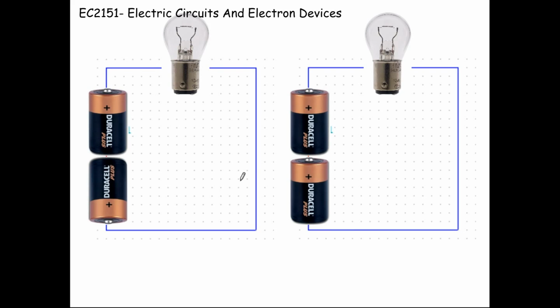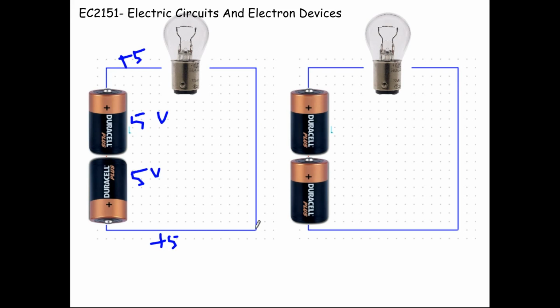So let's say here we have our circuit diagram. We have two battery cells of 5 volts each, right? So this is also a 5-volt battery. So we will have a positive 5 volt here, and at this point also a positive 5 volt.